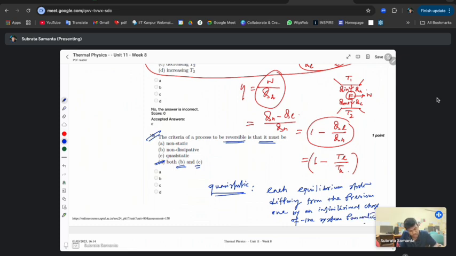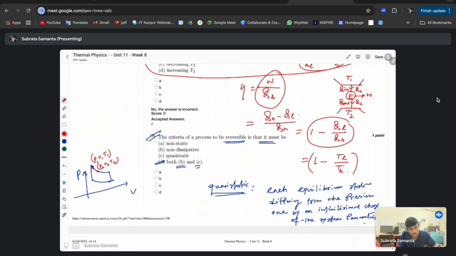What does this mean? If you draw a reversible process, say the Carnot engine, on the PV plane, and consider one point P1, V1, T1 and another point P2, V2, T2, each is an equilibrium state.